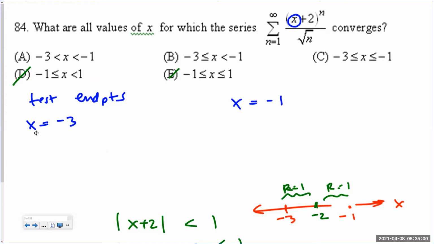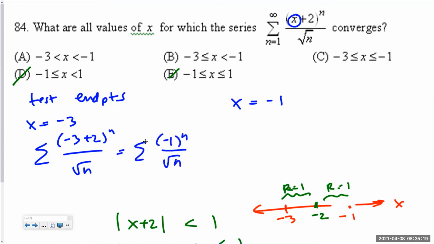So put in -3 right there. I'll get the sum of (-3 plus 2) raised to the n over square root of n. Guys, now I'm replacing my x, not my n. Are you getting your n's and x's clear? Which is what? So this becomes the sum of (-1) raised to the n over square root of n.